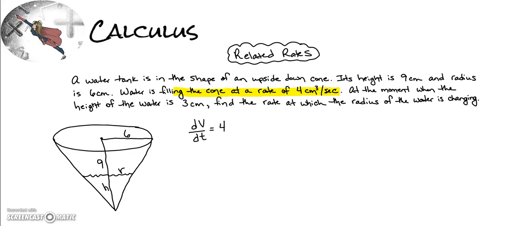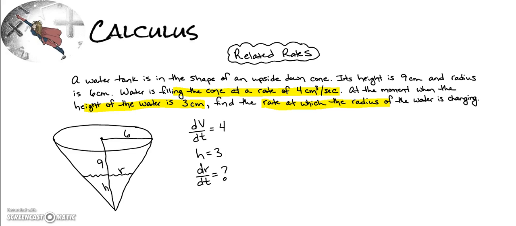We know that's volume because centimeters cubed is the units for volume. Then they also said that the height of the water is 3 centimeters. And we labeled that h, so we can say h equals 3. And then finally they said find the rate at which the radius of the water is changing. So dr/dt is what we are trying to solve for. So we can just say that equals question mark.